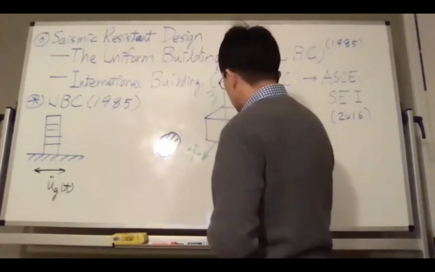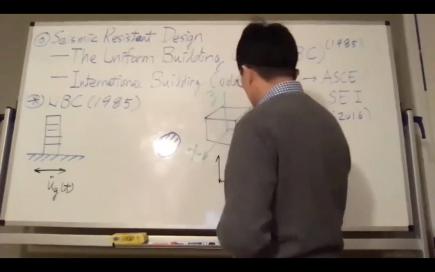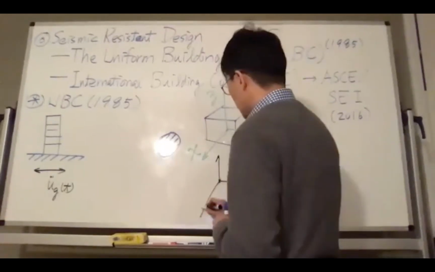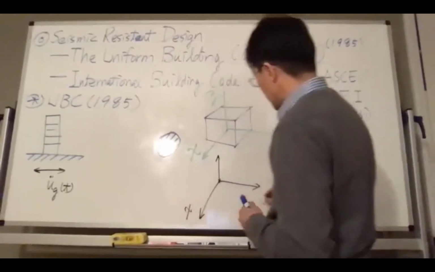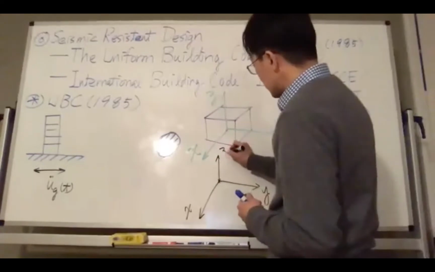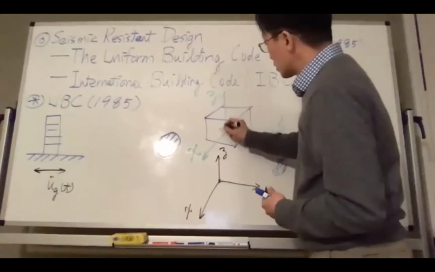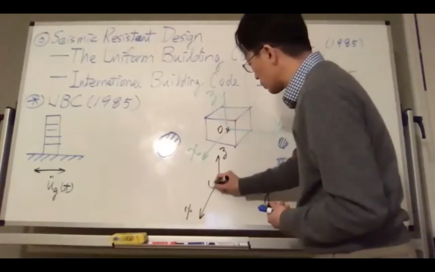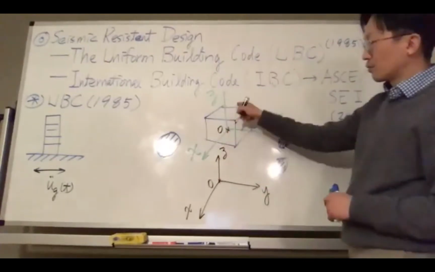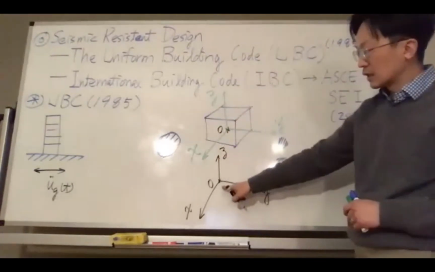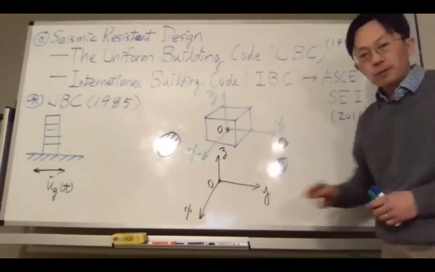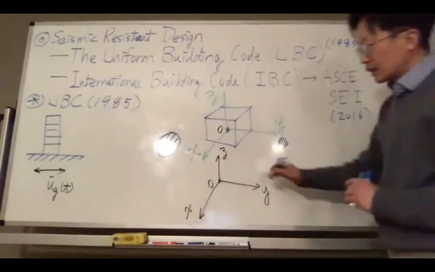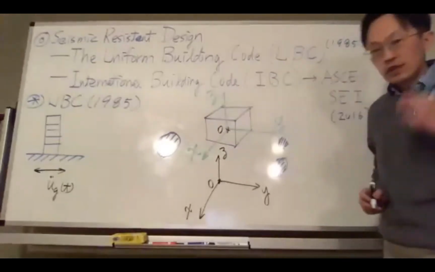So if you consider the ground point, you can also define three-dimensional coordinates like this. So this point you can call the ground level, just call it point O. The point O is here, at the base of the structure, on the surface of the ground.